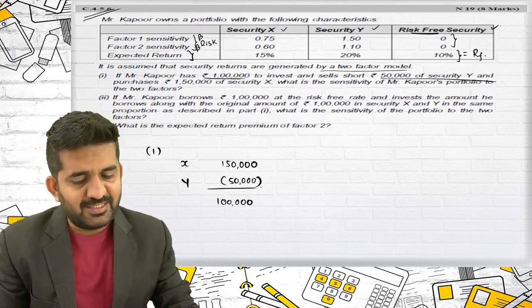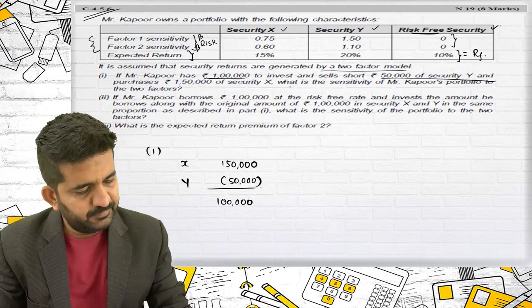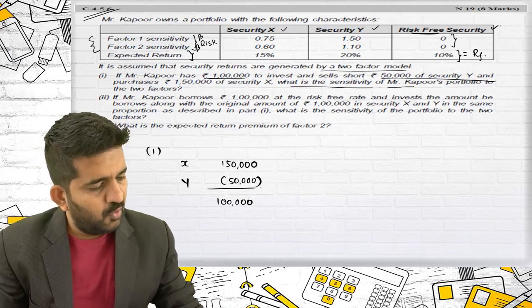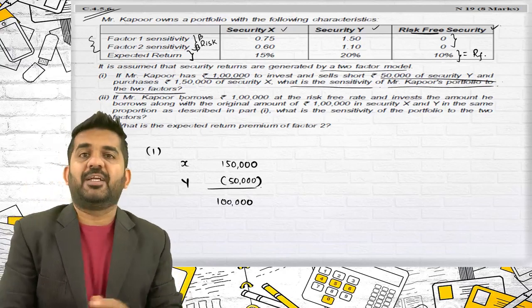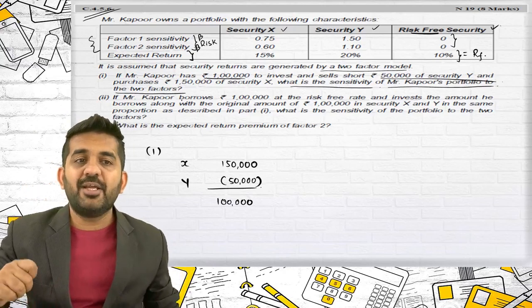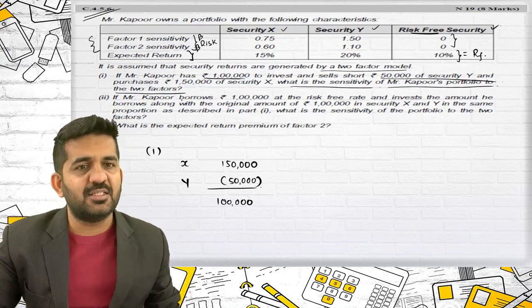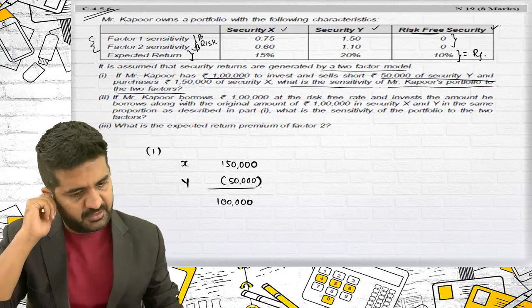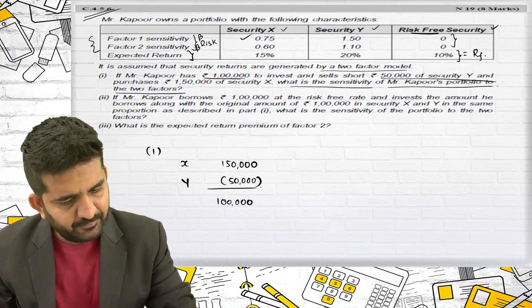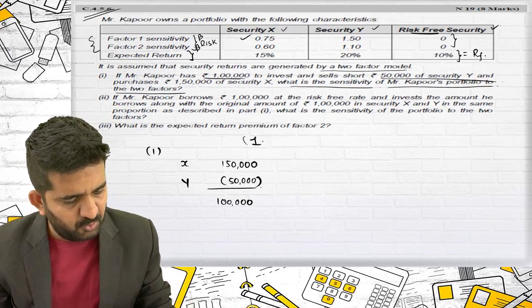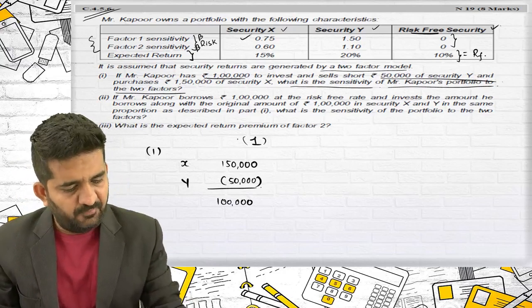What is the sensitivity of Mr. Kapoor's portfolio to the two factors? Now, should I do both factors individually? The answer is yes, because both factors are different. What is factor sensitivity 1? I'm talking about factor 1.